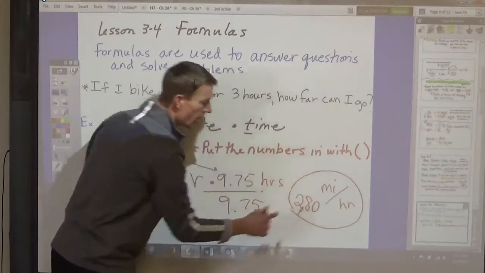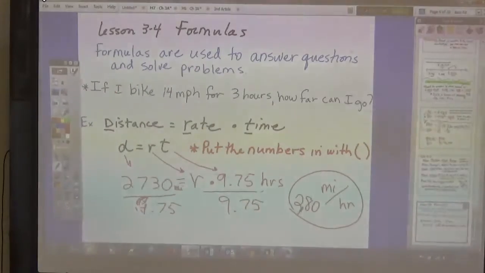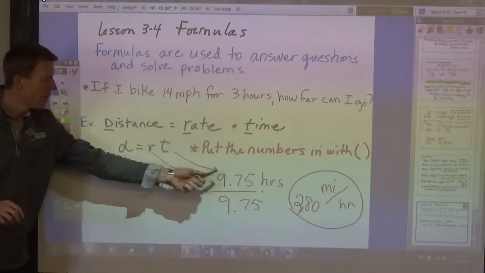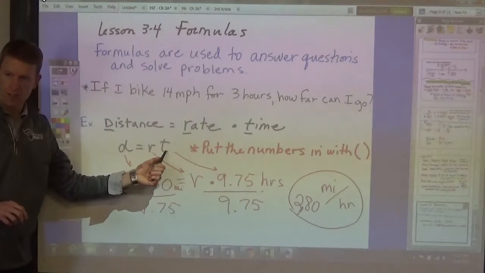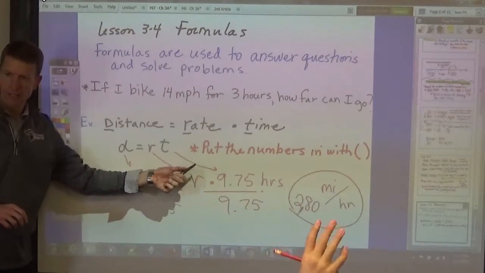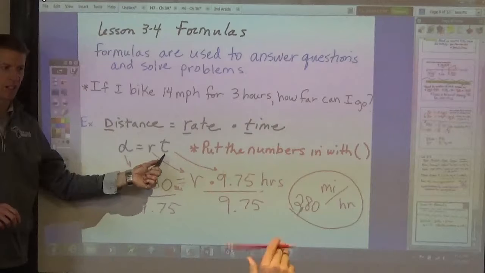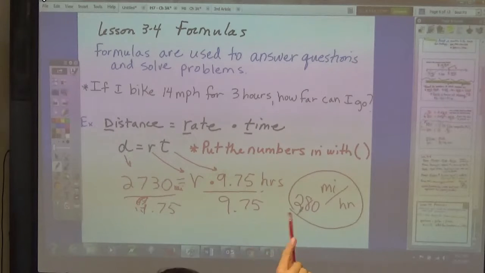And this is what your answer should look like. Okay? So, we put the number in place of the letter. Insert the numbers into the formula in the right order. And then use the formula to find the answer.